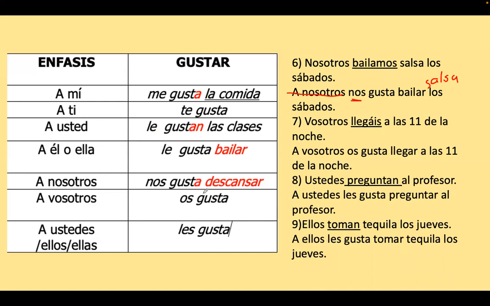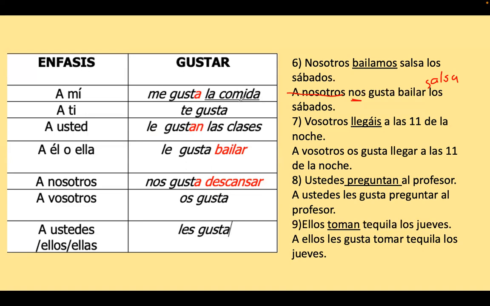So the idea here is that you are going to create some sentences about your own, maybe your best friends or your mom, and you are going to use all these emphasis. So for example, I can say in my case, a mí me gusta comer en los restaurantes.